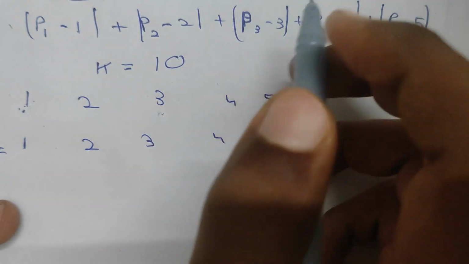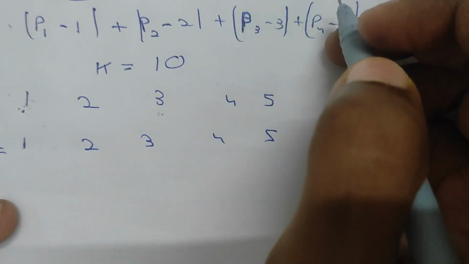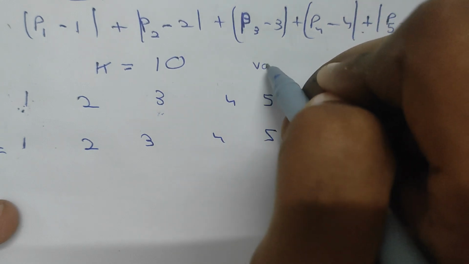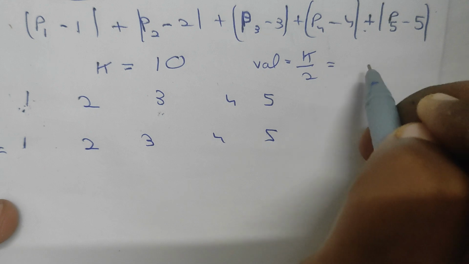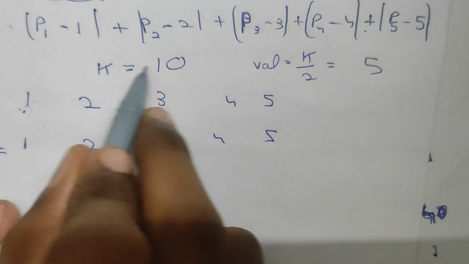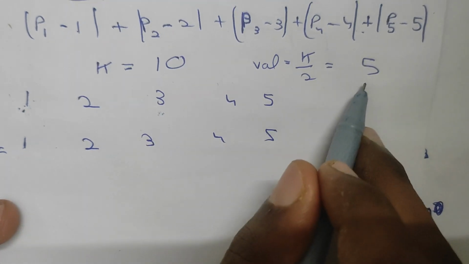If I divide k by 2, I will get a value. Initially k is equal to 10, so k by 2 is equal to 5 right now.